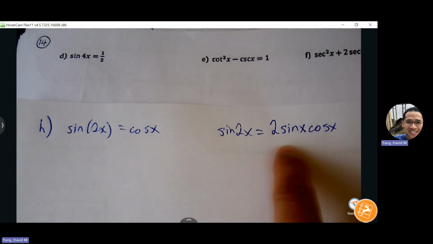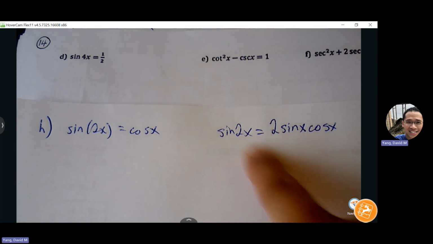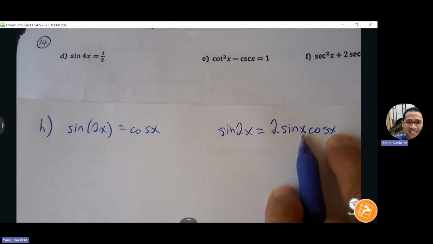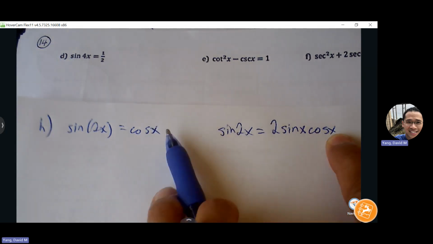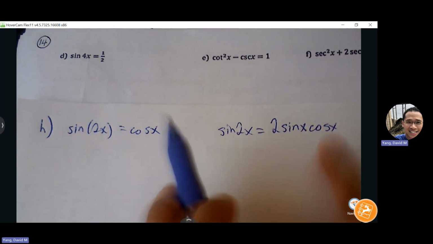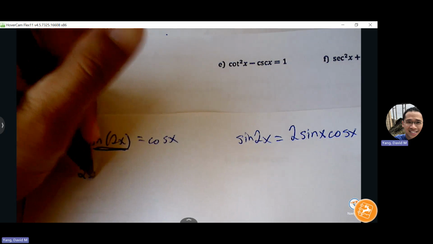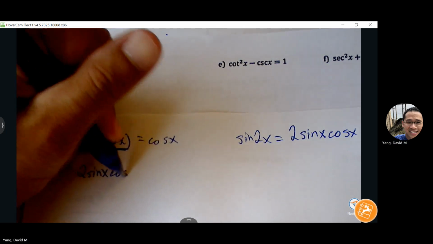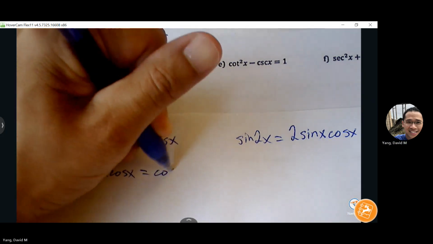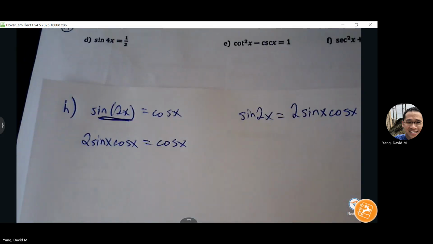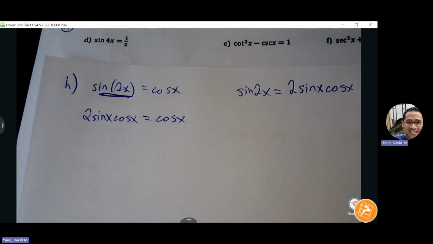So I get that 2x out of that double angle identity, and then it becomes sine x cosine x, a little bit easier to work with when we're down to x. So I can replace this piece with 2 sine x cosine x. All right, so now I have everything.